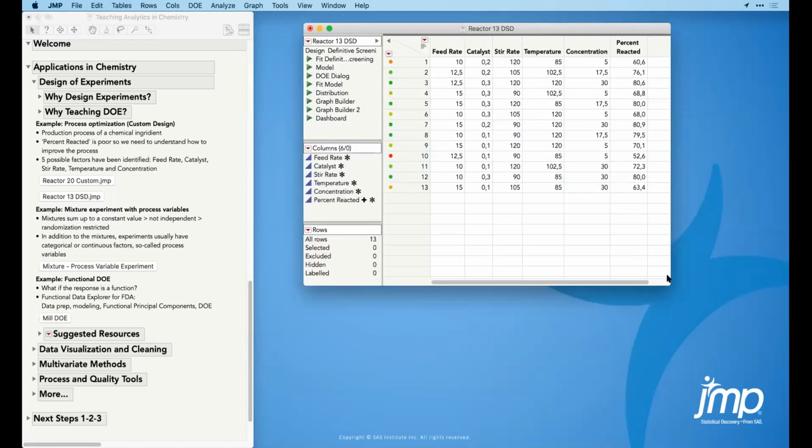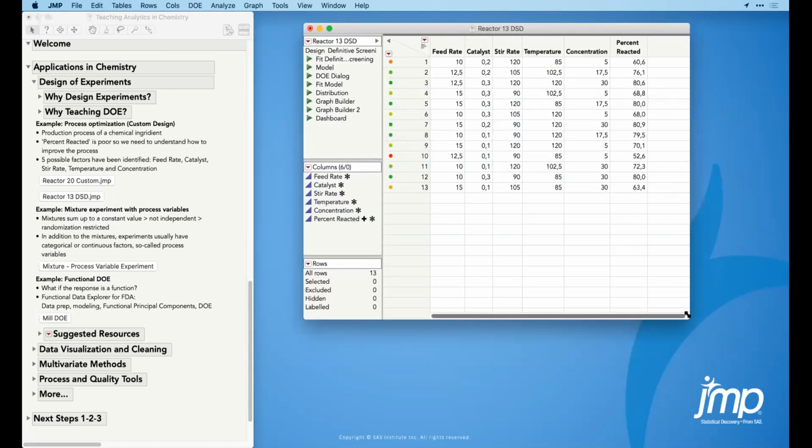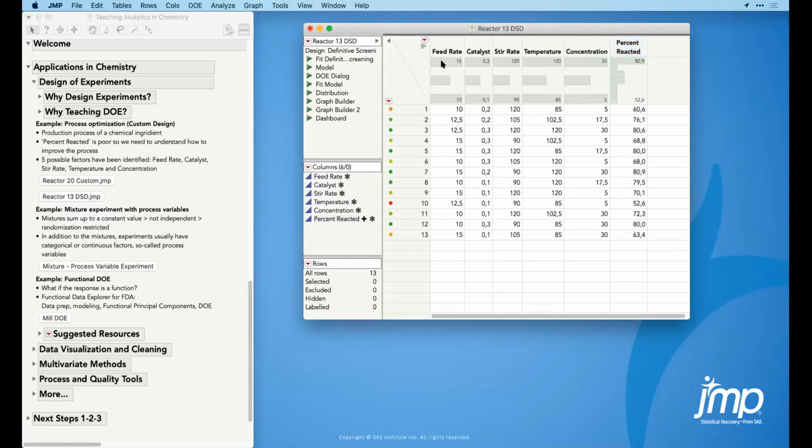There's a more modern approach for screening, and this is called a definitive screening design. This is a definitive screening design for the same problem. So we have the same factors and we have percent reacted, but this design, as you see here on the column headers, is a 3-level design. And this is pretty smart.